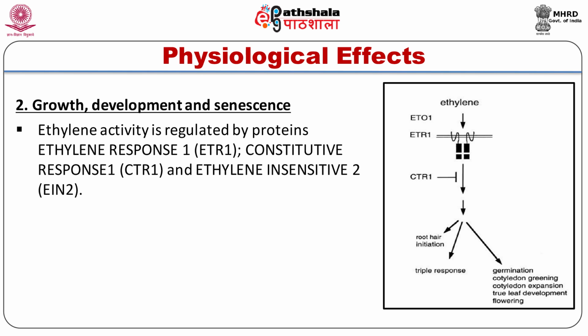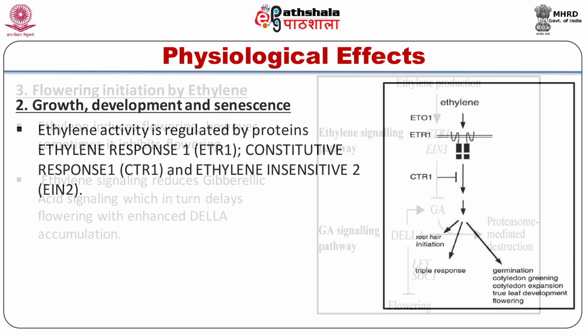Therefore, CTR1 stops phosphorylation of the protein ethylene insensitive 2 or EIN2. The non-phosphorylated cytosolic C terminal of EIN2 is eventually cleaved by a protease. Further, the C terminus of the cleaved EIN2 moves into the nucleus, where it activates the transcription of different genes.